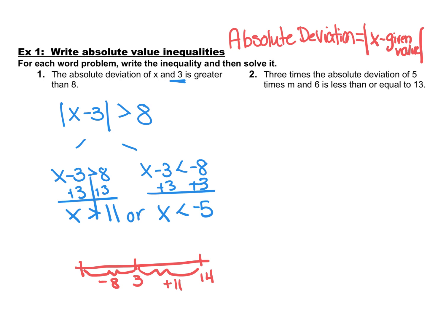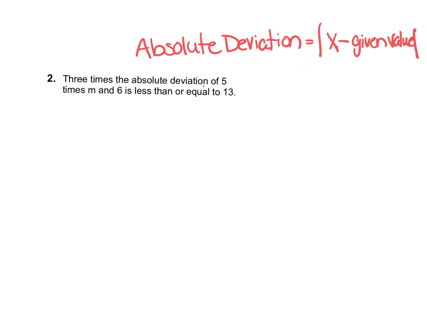And that's going to get you then to a -5. All right, so now our next one, it says that we have 3 times the absolute deviation of 5 times m and 6 is less than or equal to 13.